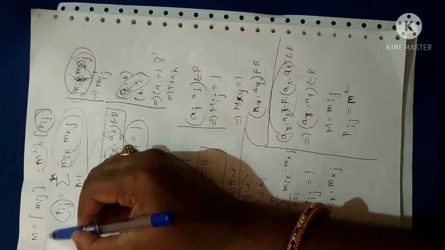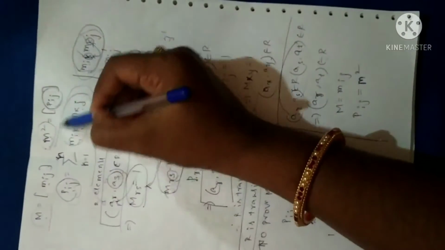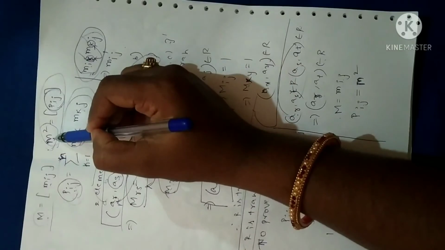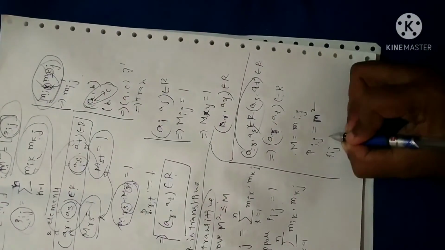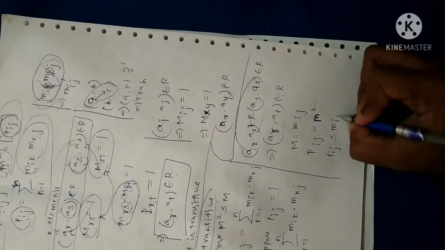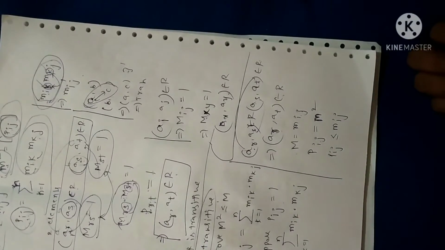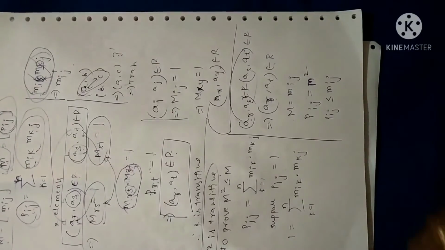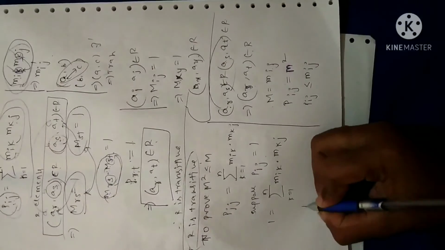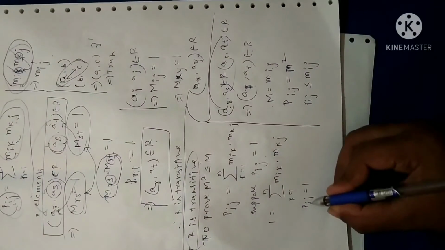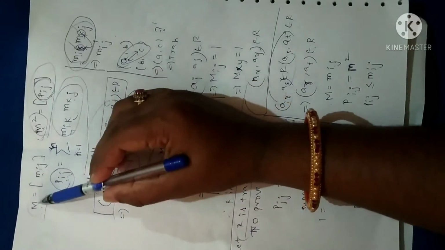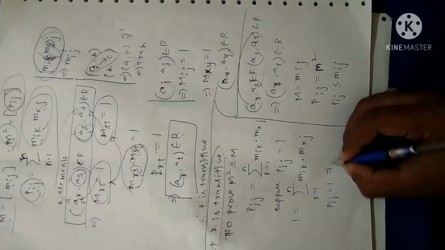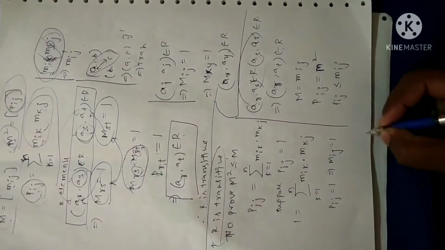At the beginning itself I have clearly mentioned this. Now I can clearly write Pij is less than or equal to Mij. Why? Because suppose I take Pij equal to 1. Since we have already assumed Mij is an element of M, if Pij is equal to 1, it implies Mij should be equal to 1.